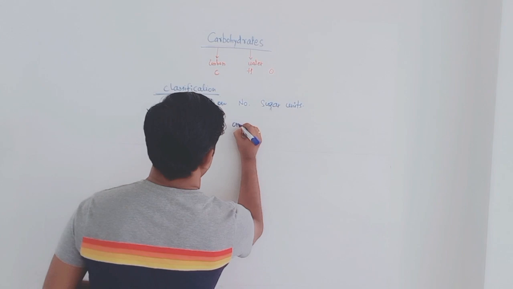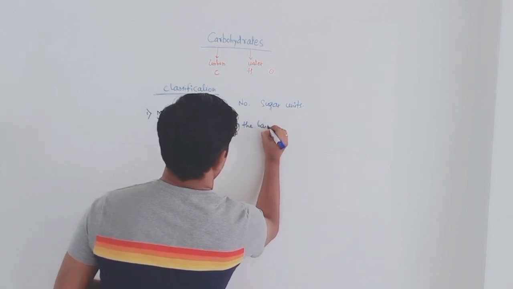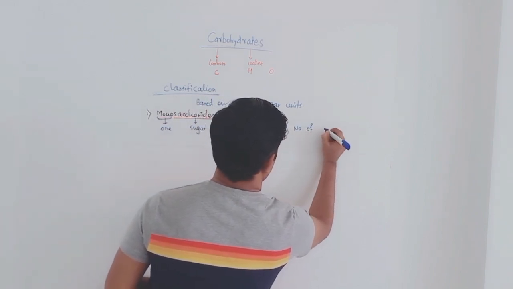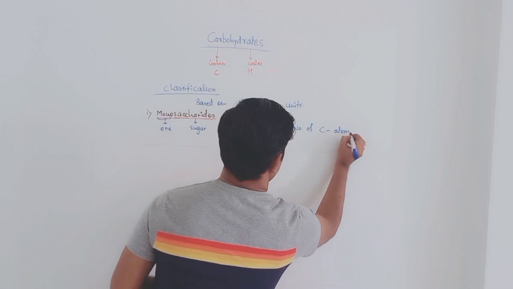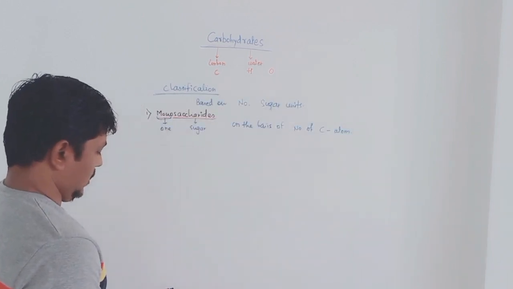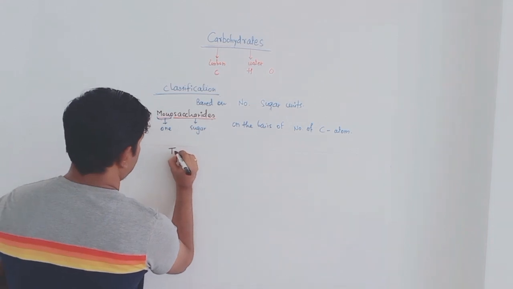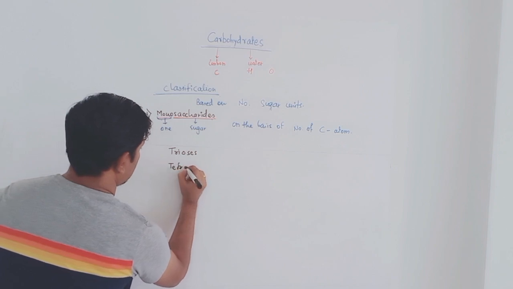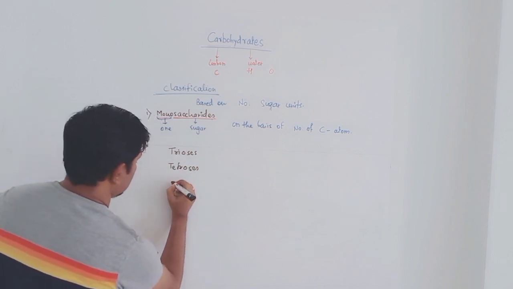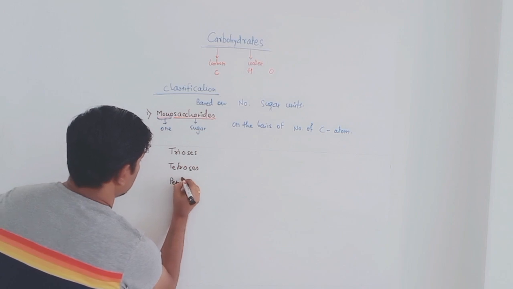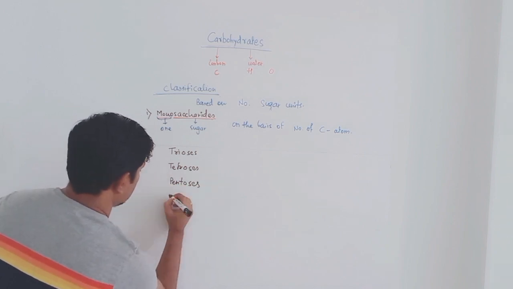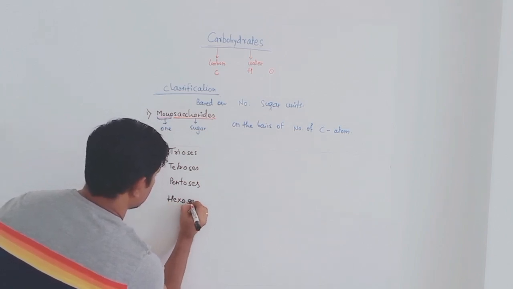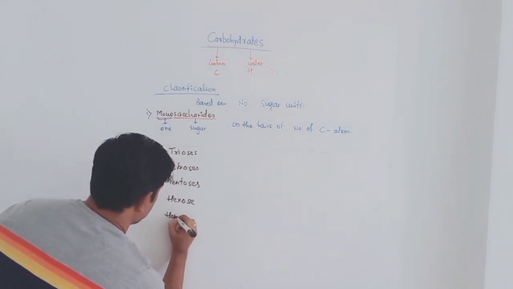On the basis of the number of carbon atoms, it can be divided into trioses, tetroses, pentoses, hexoses, and heptoses.